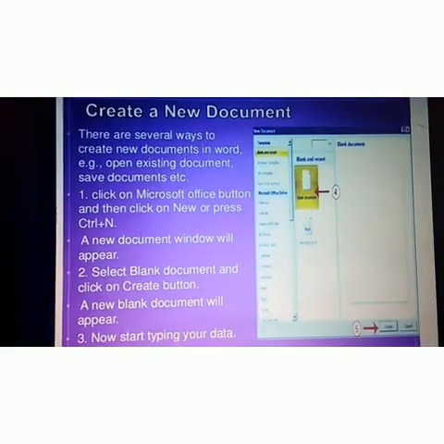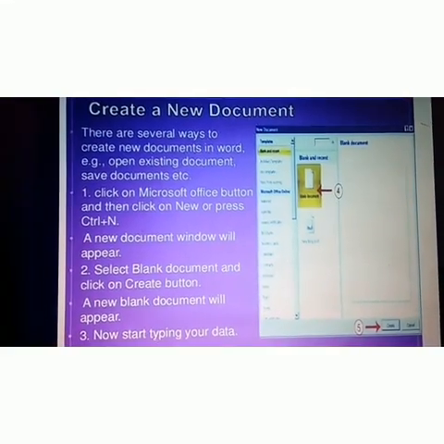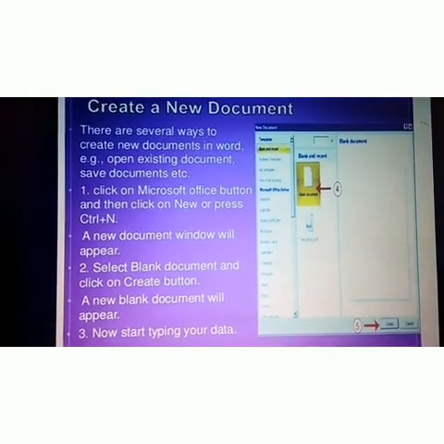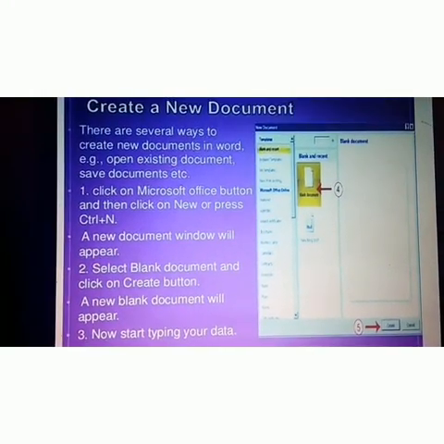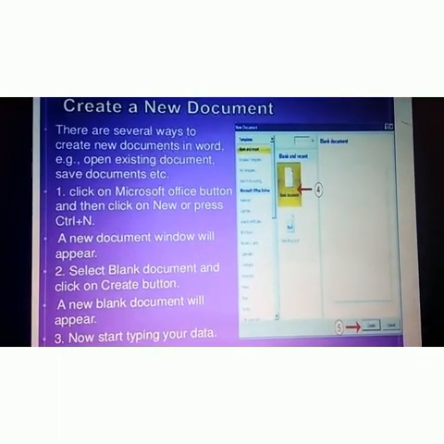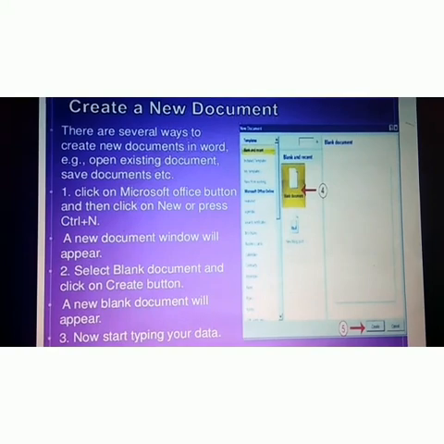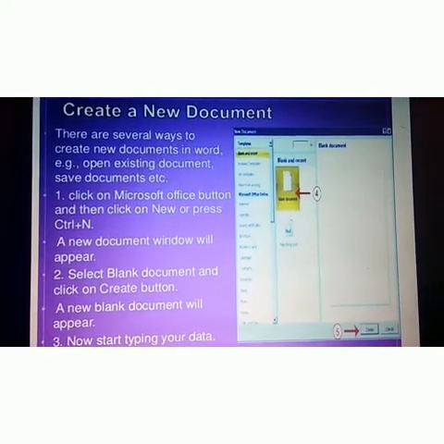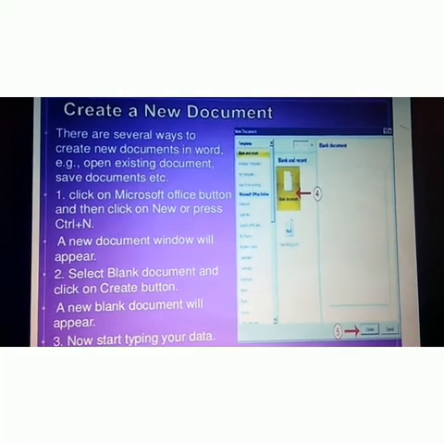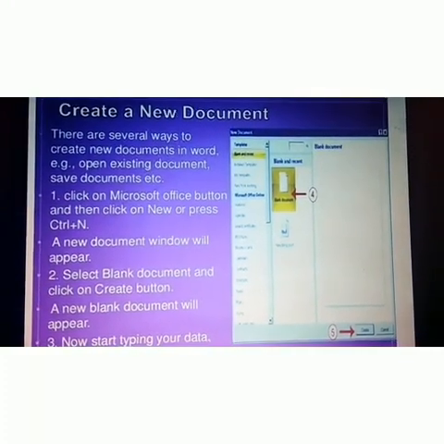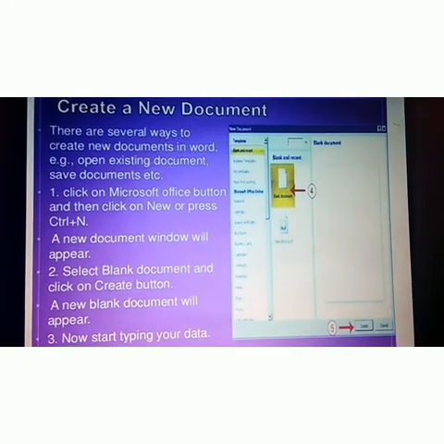Now, next, create a new document. We know very well how to create a document. It's very simple. There are several ways to create a new document in Word. Firstly, we click on the Microsoft Office button, and then click on New, or press Control plus N, which means new.